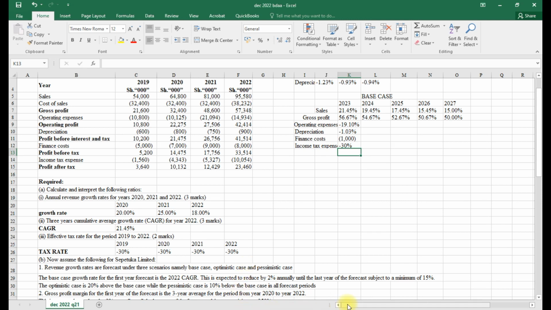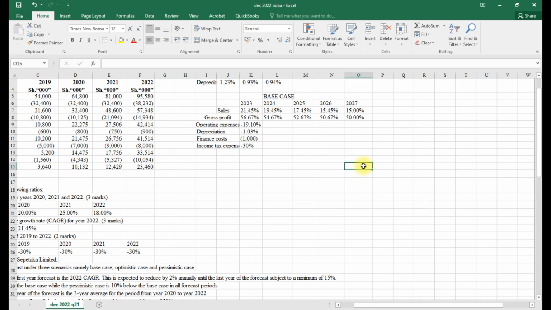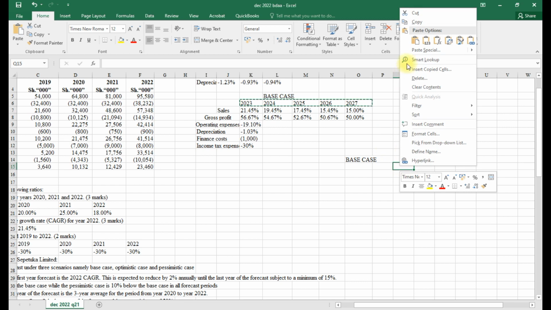The base case, let me calculate it here. So my base case, okay, let me start here 20. So I can just copy even this, what I have here, copy that, and I paste it from here.